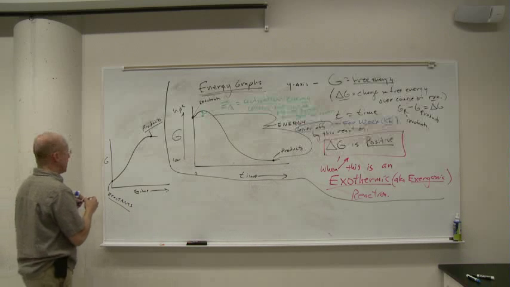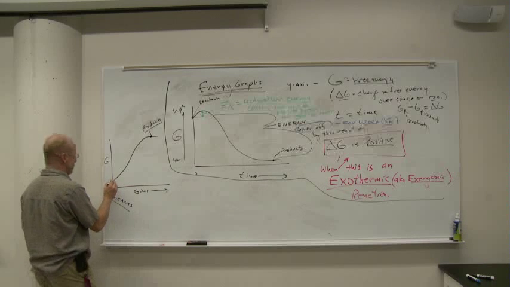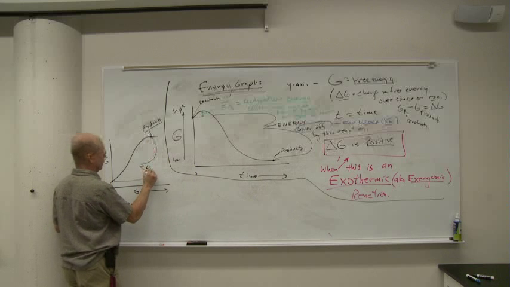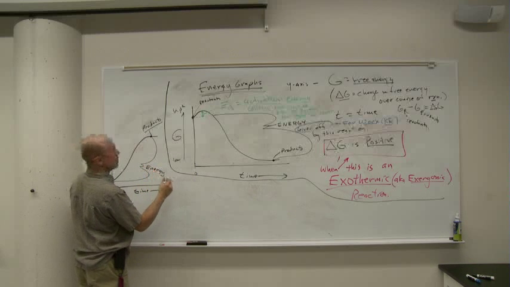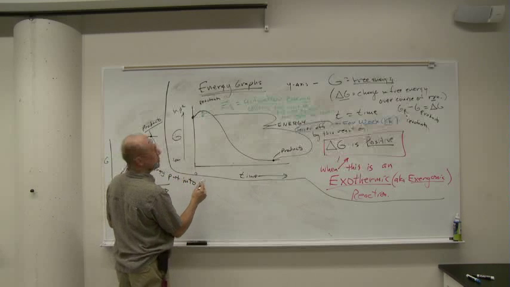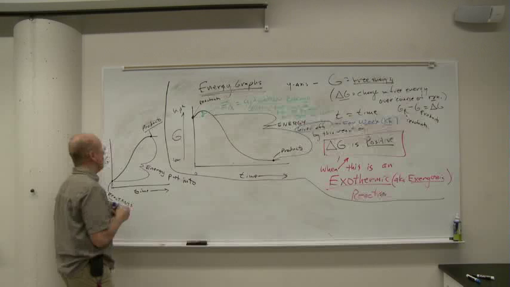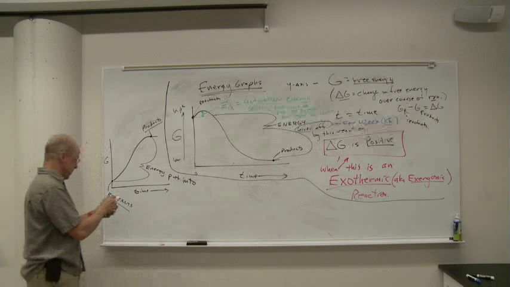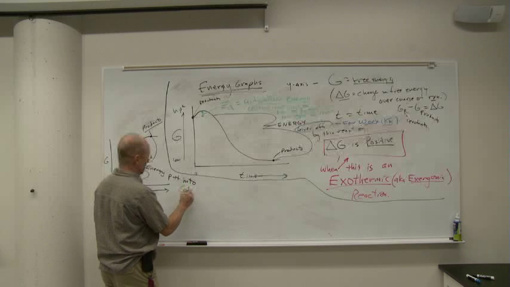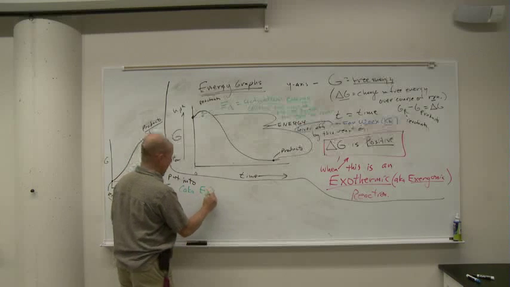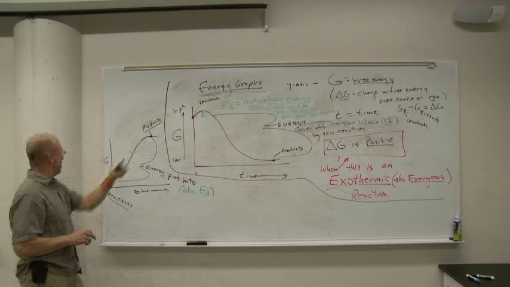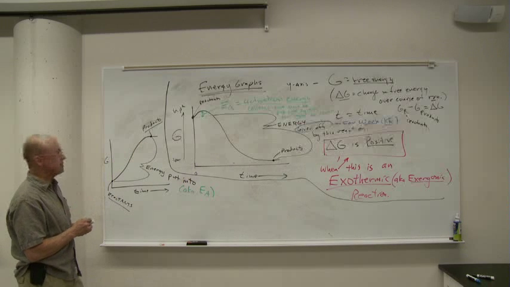So now we've got this whole chunk of energy that you put into the system. This is very interesting. This also equals E sub A here, and this reaction is defined with products having a higher energy than the reactants.